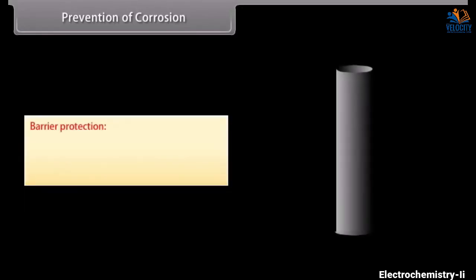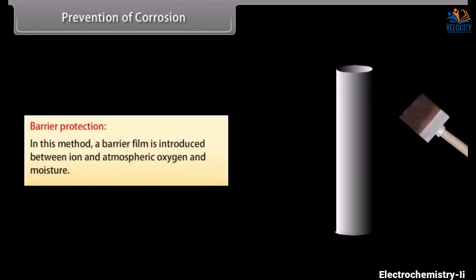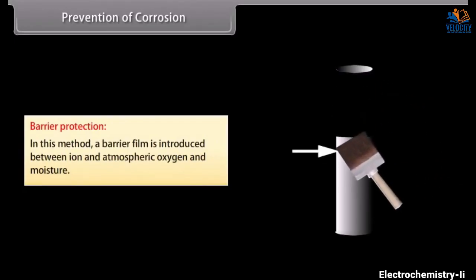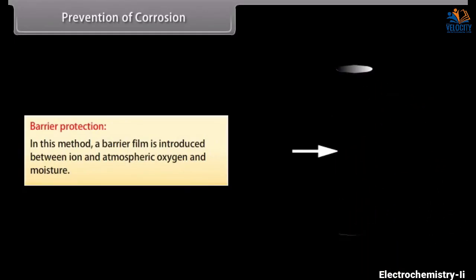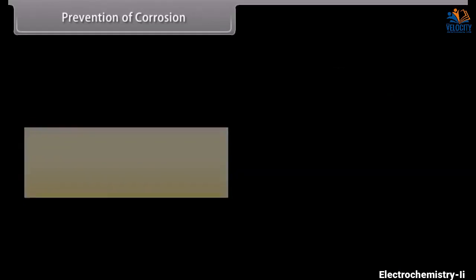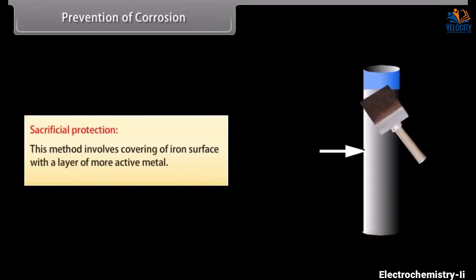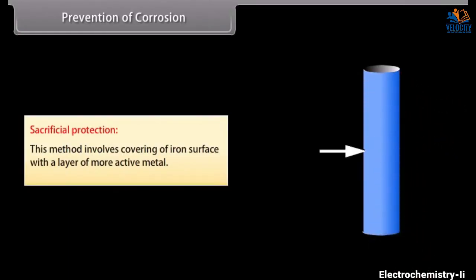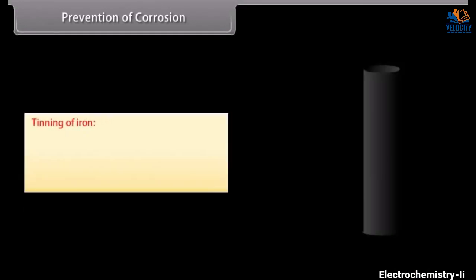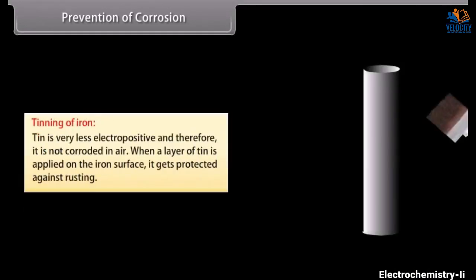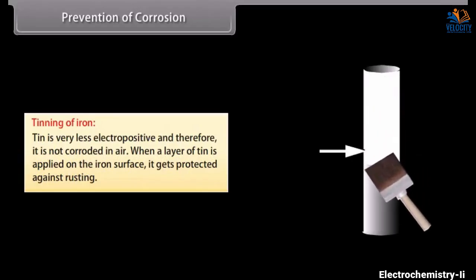Prevention of corrosion. There are many methods for protecting metals from corrosion. Some of these are as follows. Barrier protection. In this method, a barrier film is introduced between iron and atmospheric oxygen and moisture. Sacrificial protection. This method involves covering the iron surface with a layer of more active metal. Tinning of iron. Tin is very less electropositive and therefore it is not corroded in air.